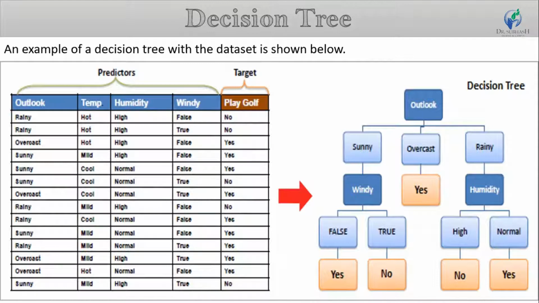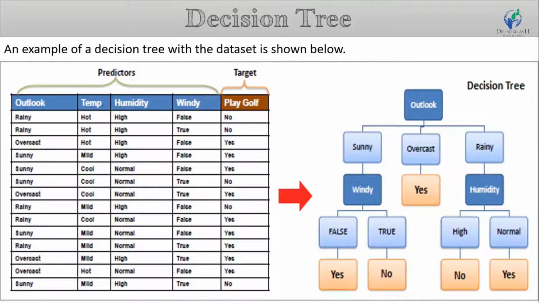Based on the target, we generate a decision tree. So our target class is play golf. The remaining labels are outlook, temperature, humidity, and windy. Now, our question is in which condition we can play golf.